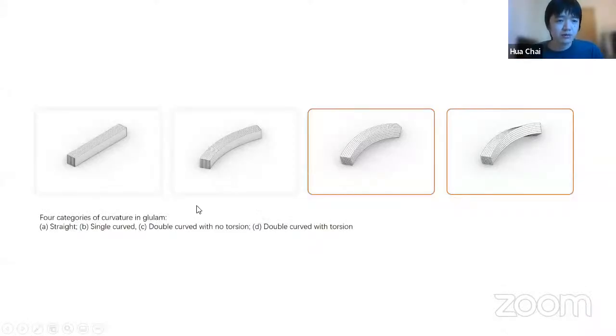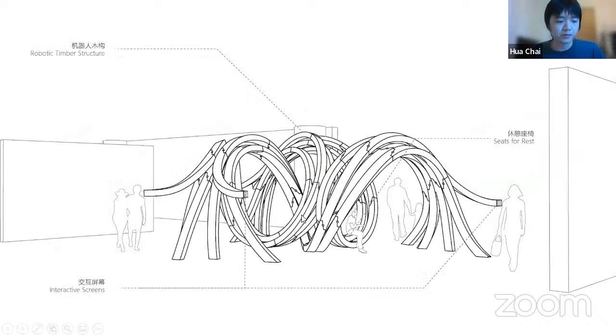As we all know, there are four types of curvature in glue-lam in practice. The first is straight, and then single curved, double curved with no torsion, and then double curved with torsion. So this installation is designed to be non-freeform glue-lam beams that intertwine with each other.